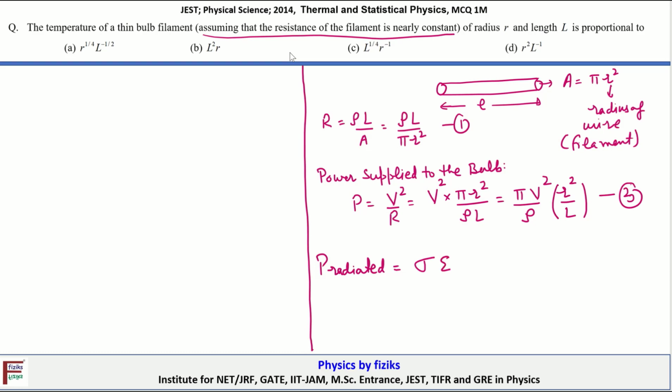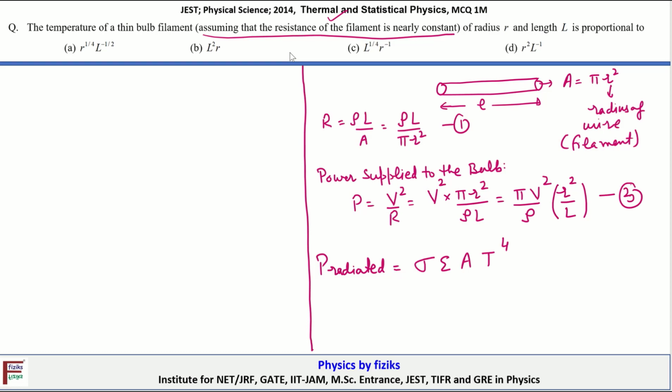In principle it's a function of temperature, but here we are given that the resistance of the filament is a constant. In principle resistance is a function of temperature, but we will make use of this approximation that is given to us. So sigma E, and then the surface area which is radiating the power A, and then T power 4.